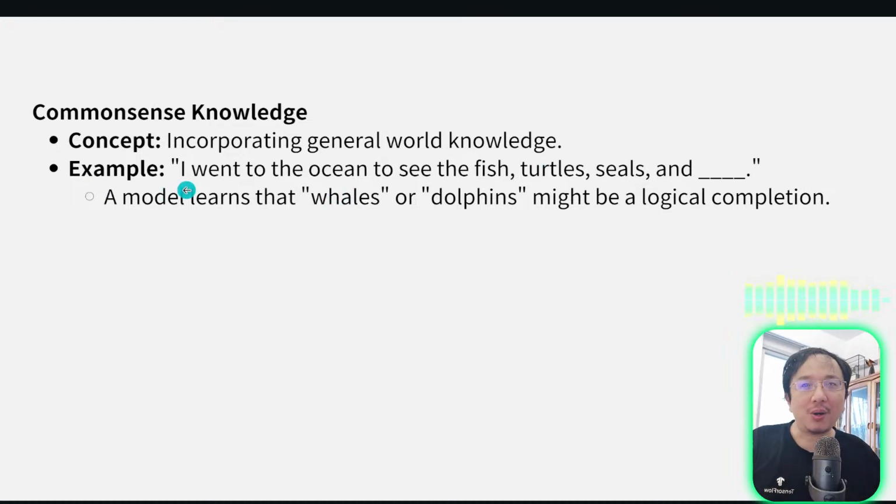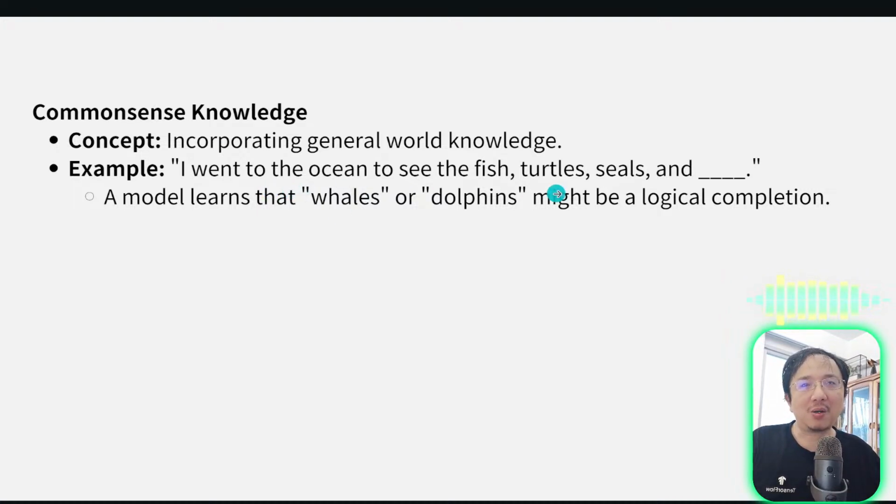So in this example, I went to the ocean to see the fish, turtles, seals, and something. You definitely would think this something should be something in the ocean. It could be whales or dolphins. If you were trying to tell a joke, you probably would say fish, turtles, seals, or plastic bottles, emphasizing the pollution in the oceans, but it is definitely something in the oceans.